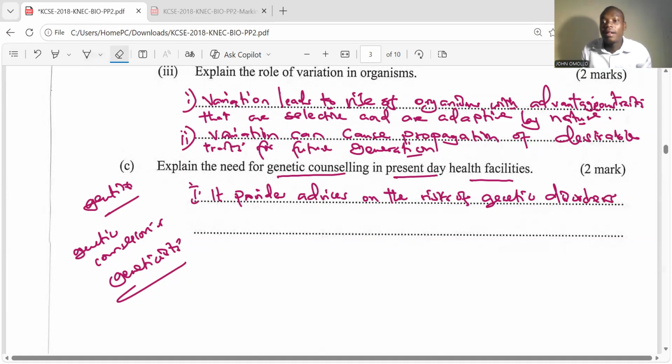So remember, these genetic disorders, one of them is sickle cell anemia. One of the diseases brought by genetic disorder.